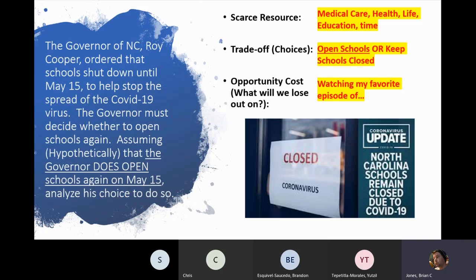I guess you could say the opportunity to be at home, helping your family out, the opportunity to stay safe and healthy. You kind of lose that. You put yourself at more risk by going back to school too early. It really depends on what value you've gotten by staying at home.